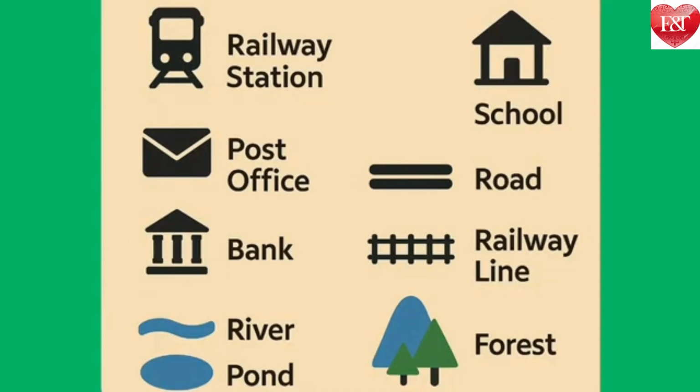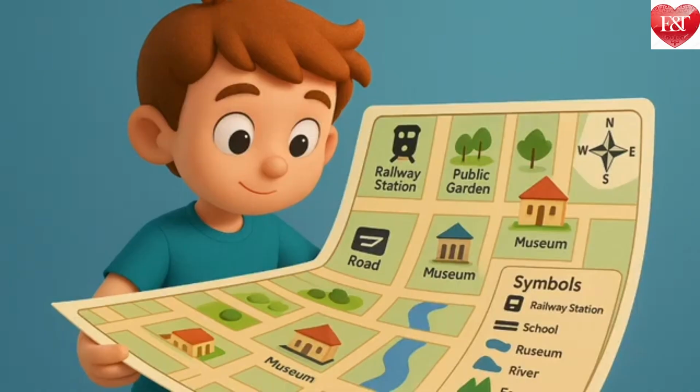Instead, a symbol is used to represent these features, symbols for different kinds of buildings, for instance a railway station, a school, a post office, for roads and railway lines, and for natural elements such as a river, a pond, or a forest. In that way, numerous details can be shown in the limited space available on a map.